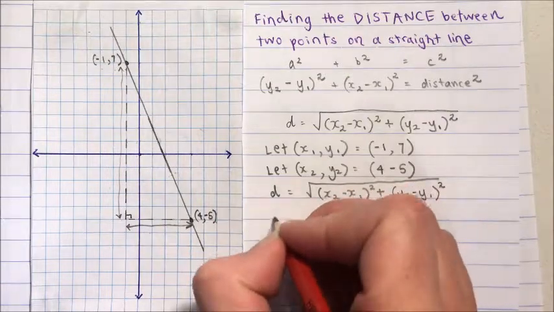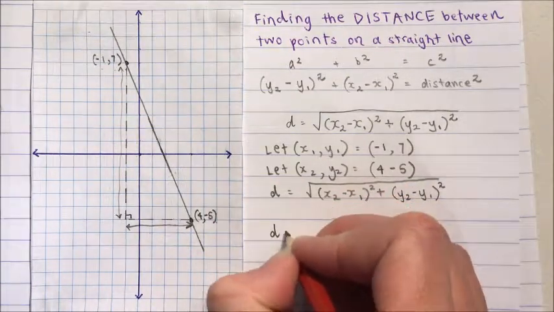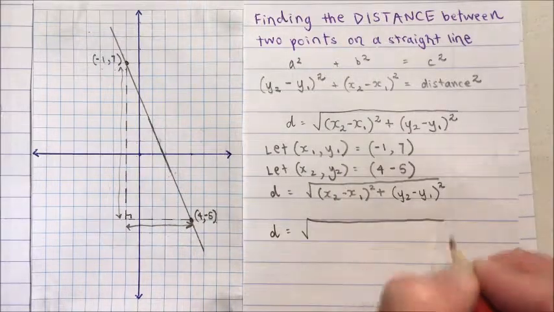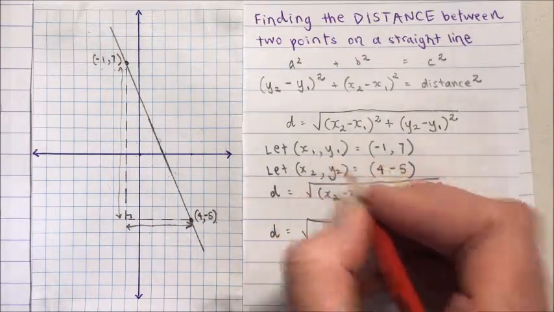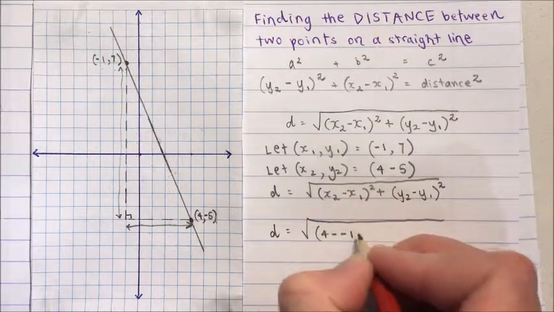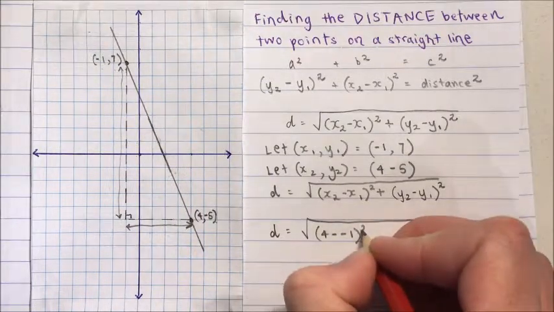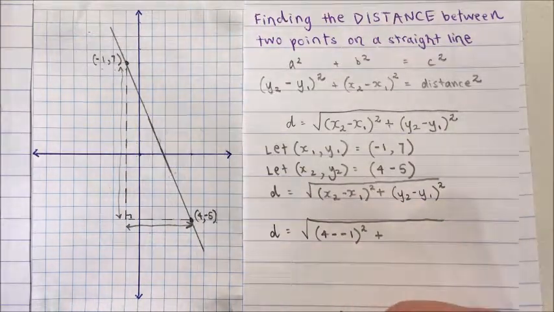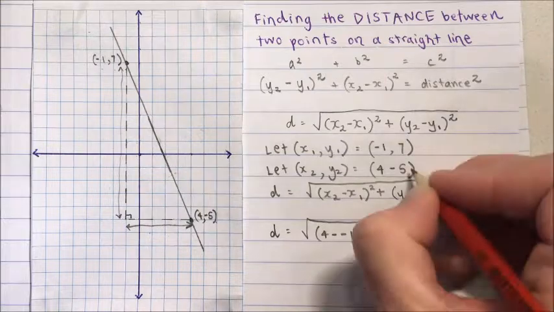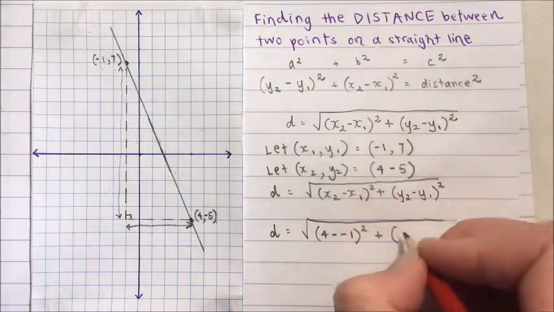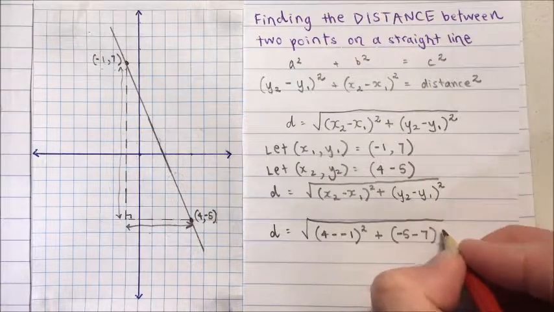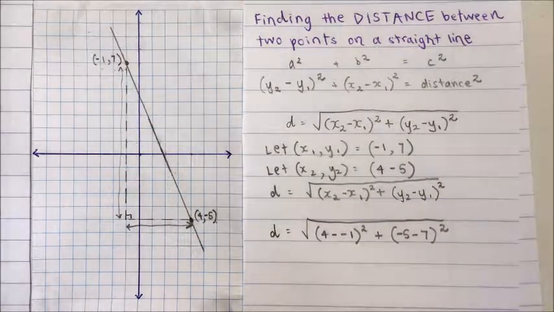So I'll skip a line so that it doesn't look too cramped, and I'll just move the paper if we run out of room. So x2 minus x1, we've got 4 minus minus 1 squared, plus y2 minus y1, -5 minus 7 squared.